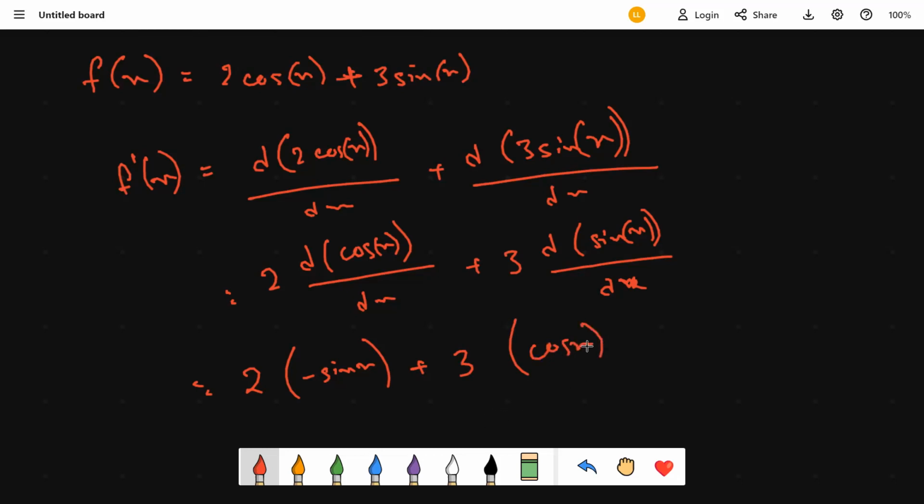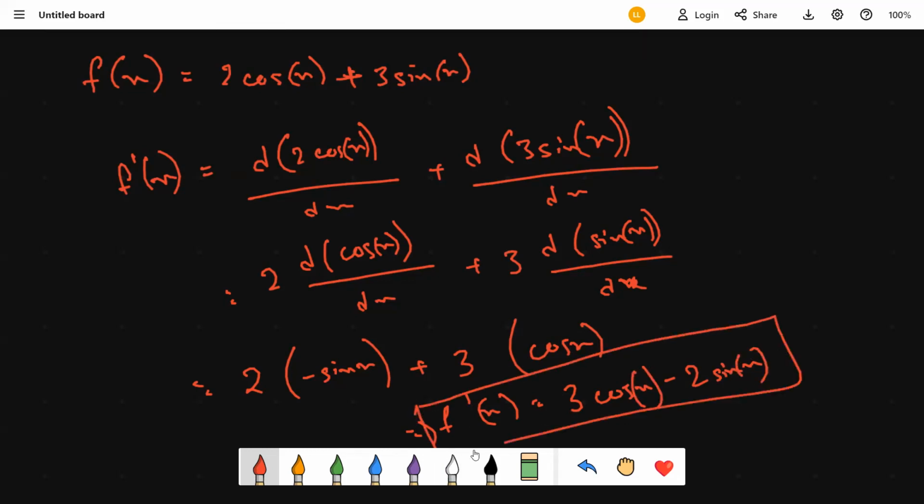If we write this in terms of f prime of x, we get negative 2 sin x, or we can simply write the positive value first, which is 3 cos x minus 2 sin x. So that's how it works. And remember, this negative sign is not inside this bracket, I mean, it is not with this x. Rather, this is a separate expression, this is a separate expression, and together that's the total final expression.